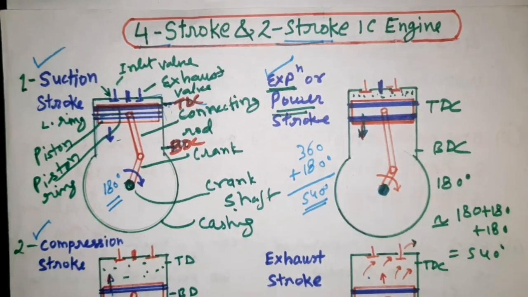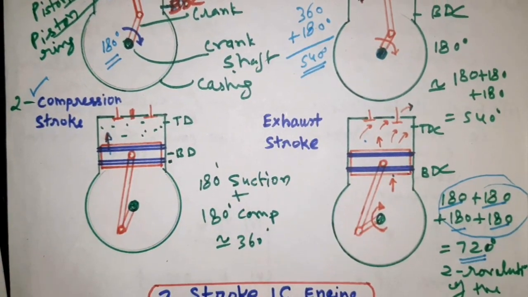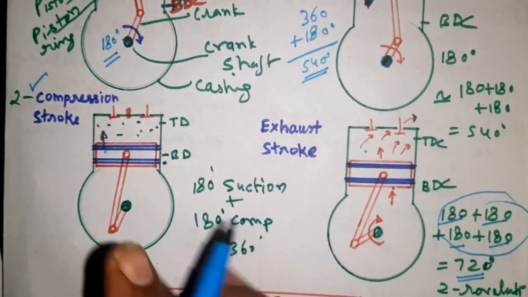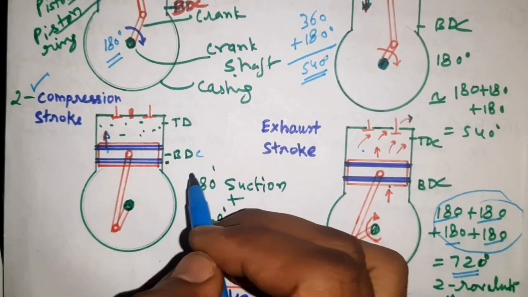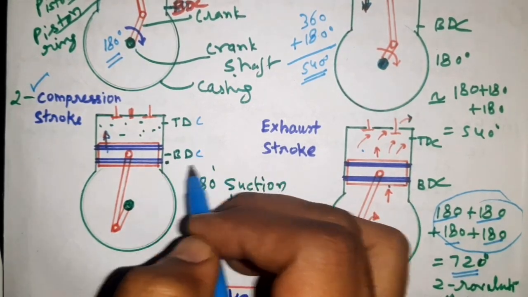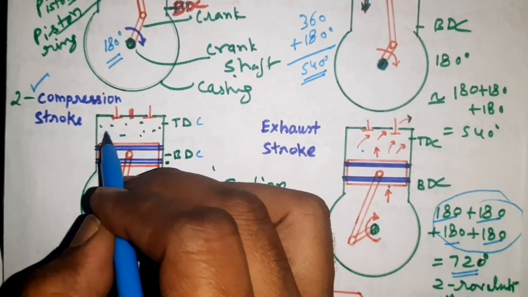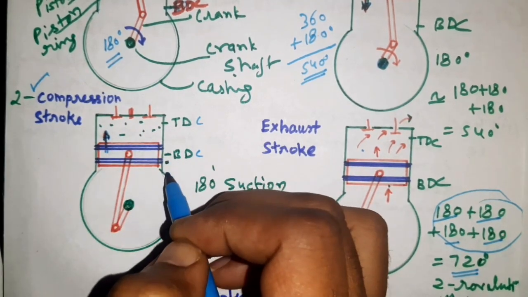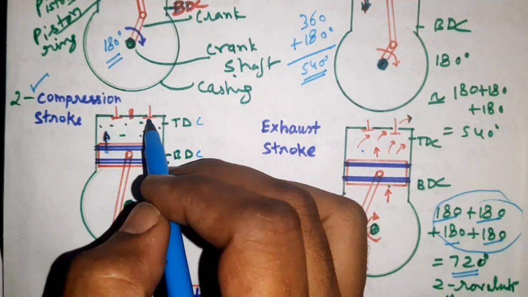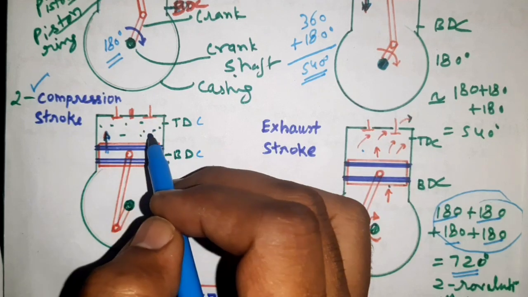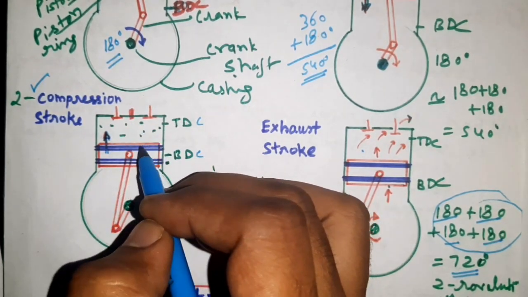Now we will talk about the compression process. When this piston is at the BDC and moving towards the TDC, so it is moving BDC to TDC, and the inlet and outlet valves are both closed. Here you can see this volume is decreasing.